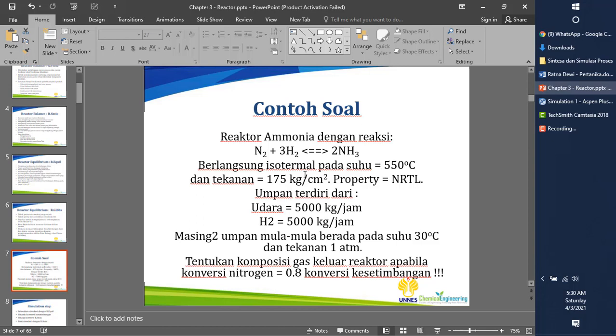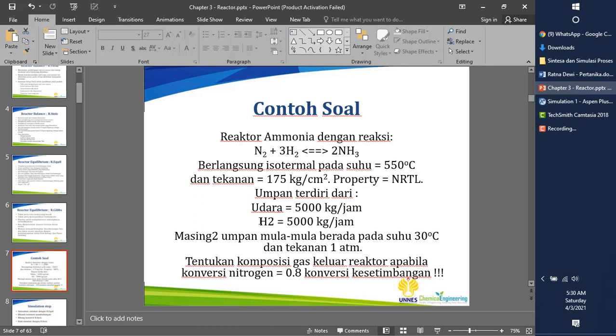The reaction occurs at 550 degrees Celsius and isothermal. The pressure itself is 175 kilogram per centimeter square, and the property method used here is RTL. The feed contains air 5,000 kilogram per hour and also hydrogen 5,000 kilogram per hour. You have to pay attention to this information.